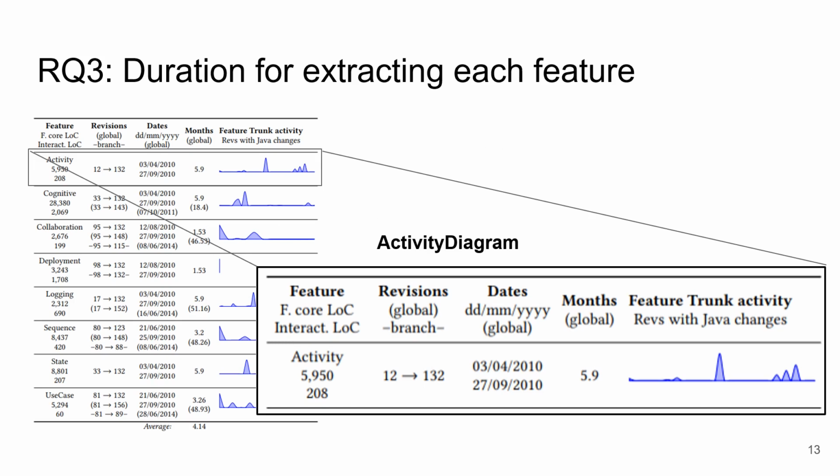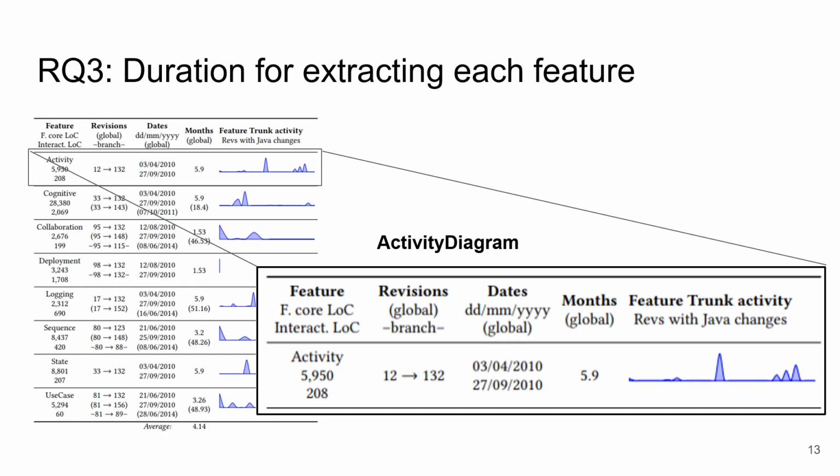For each of the features, we measure the time in 2 dimensions. First, the range of the revisions in the repository since a feature started to be extracted until the last change, including revisions to its feature interactions. And second, the dates from this revision range are used to calculate the number of months.